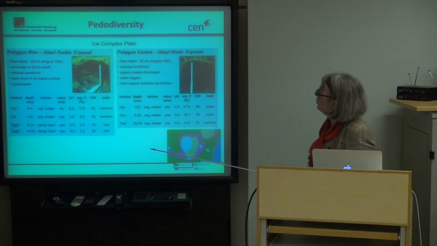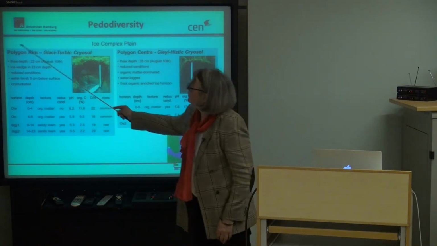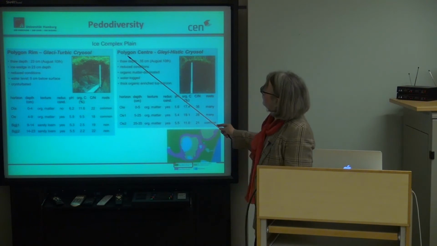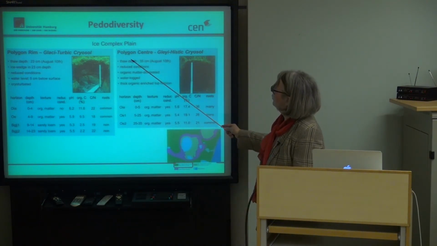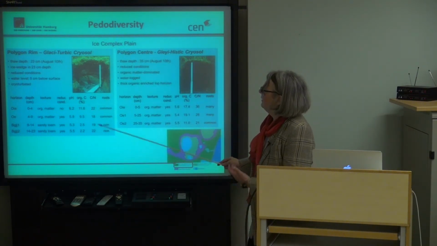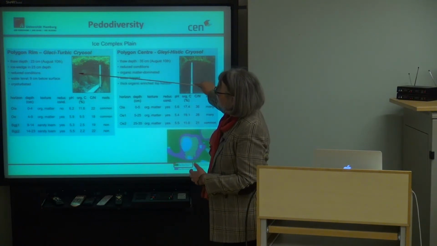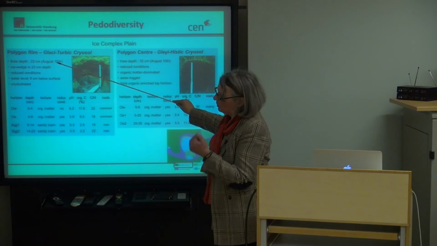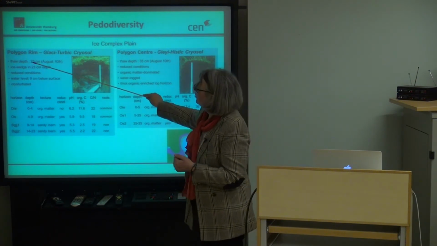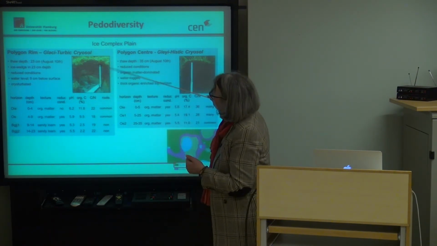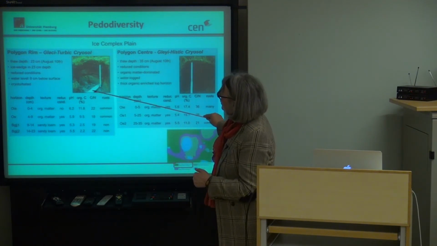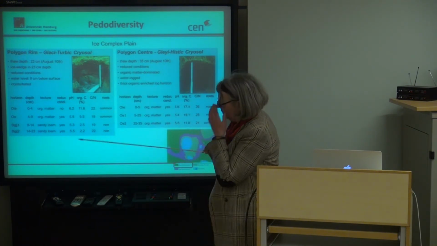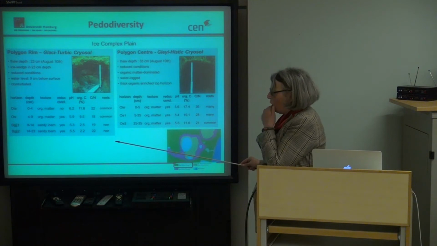So what kind of soils do we have? Divided polygonal rim. Compare this with the center of the polygon, and you can see here a very low permafrost table. That means at the end of August, or at the maximum of the vegetation period, you had only a 23 centimeter active layer. A very wet condition, very reduced conditions.